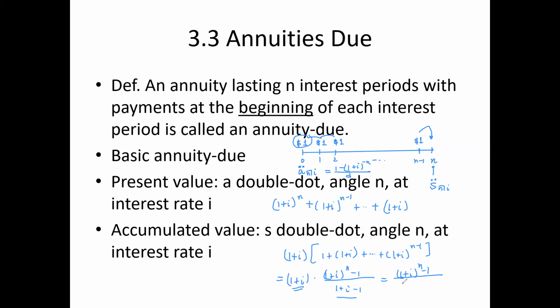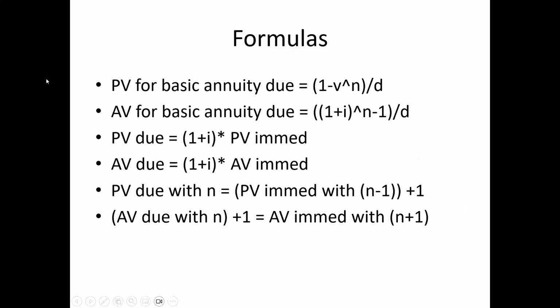So you have i divided by 1 plus i, that's d. So the formula for the future value is 1 plus i to the n minus 1 over d. For annuity immediate, we have i on the bottom; for annuity due, the bottom is d. Okay, and the formulas are given here.